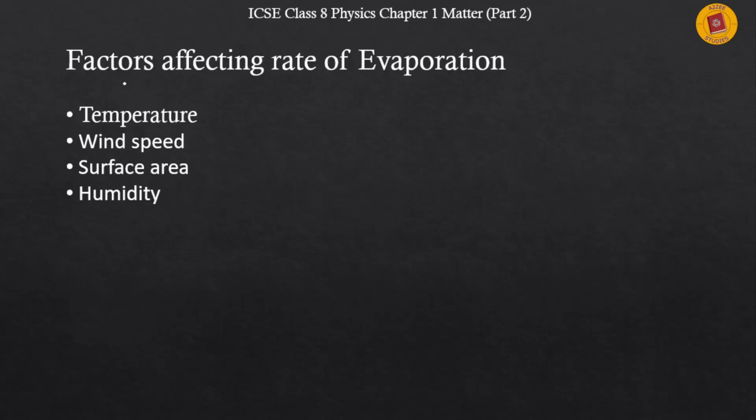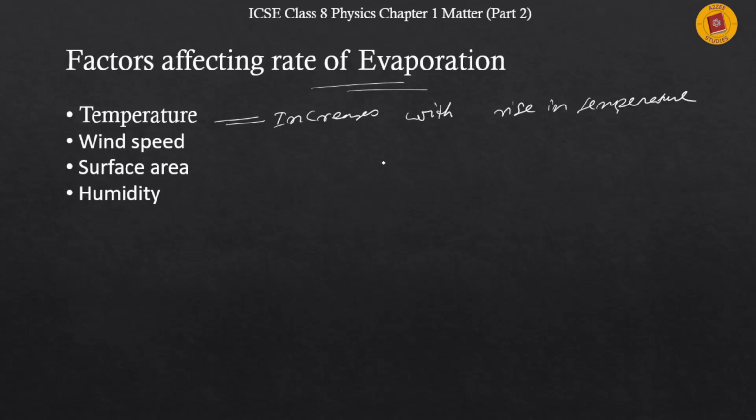Now let us study the factors that affect the rate of evaporation. The factors are, first of all, temperature. If we raise the temperature, the rate of evaporation increases with rise in temperature.